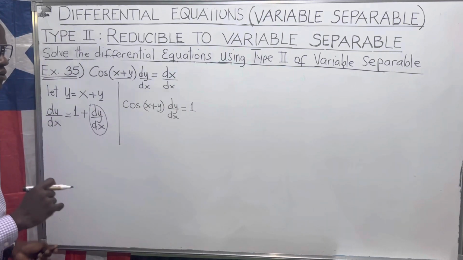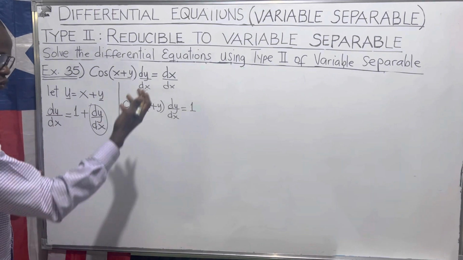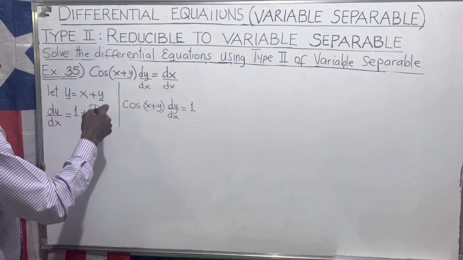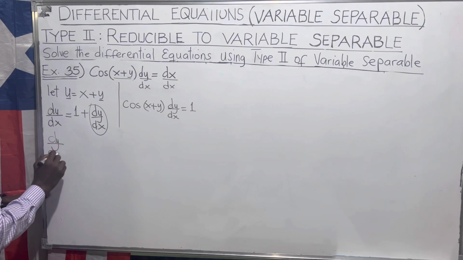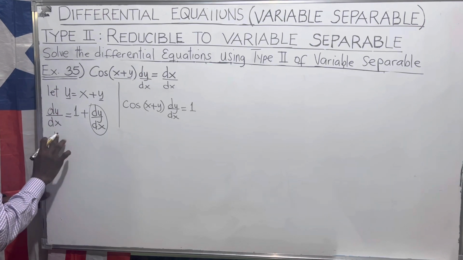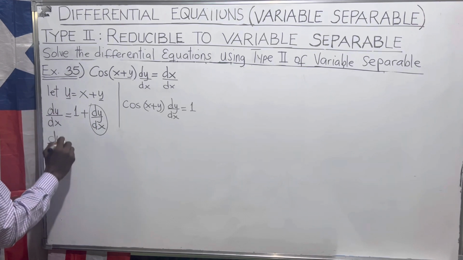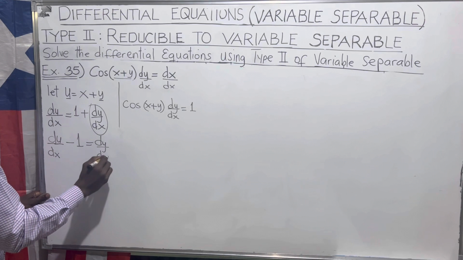This now becomes a rearranged form of the old equation, so we substitute dy by dx within this. We first solve for dy by dx here: du by dx minus 1 is equal to dy by dx.